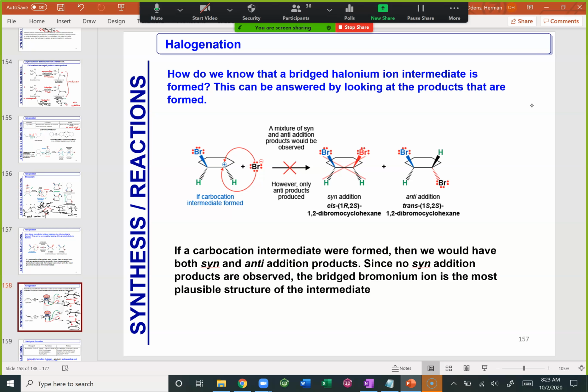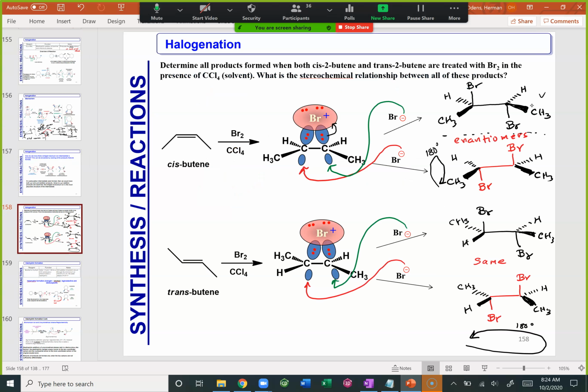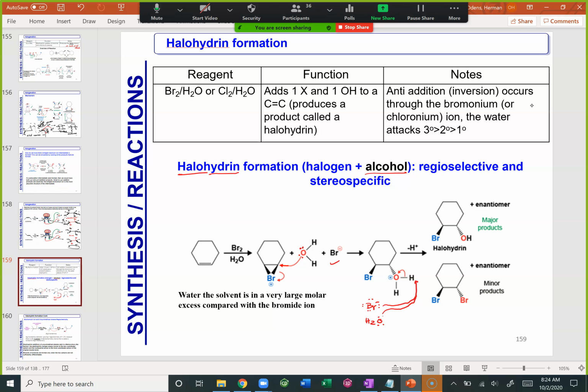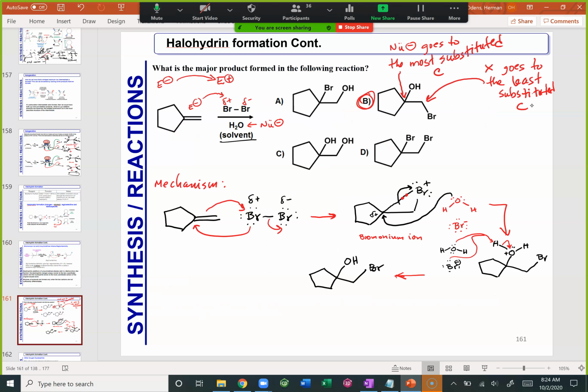Let's see, halogenation. So we got 4 mechanisms so far. Halohydrin is number 5. Very similar. We already went through an example. In halohydrin, the only variation is that you can have water as your solvent, or you can have an alcohol.